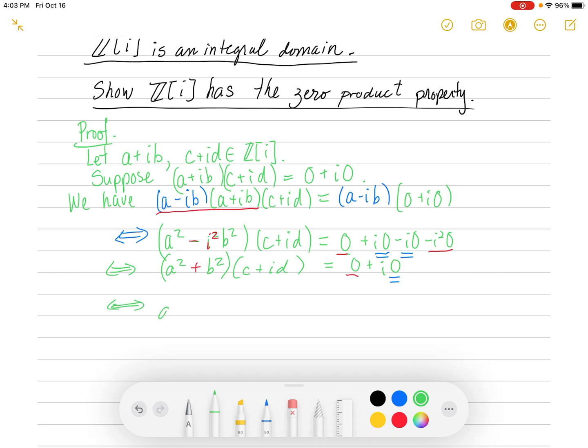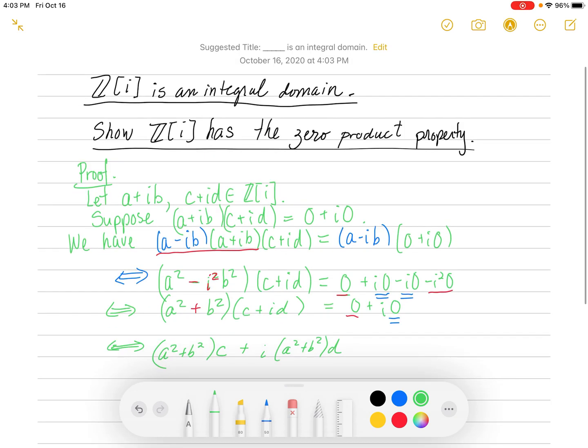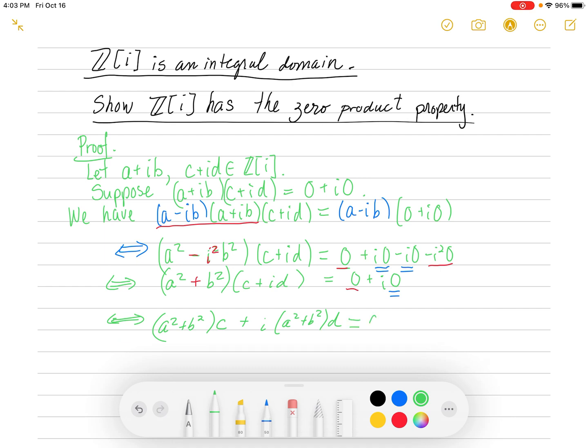In other words, this is equivalent to a squared plus b squared times c plus i times a squared plus b squared times d. We just multiplied a squared plus b squared through the integer part c and the imaginary part d. So we have this equal to 0 plus i0.